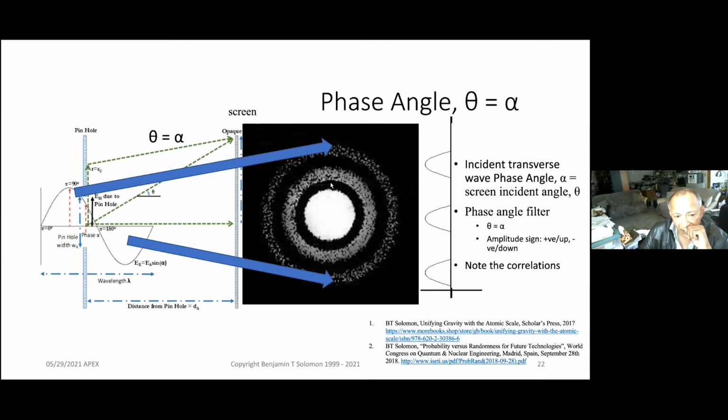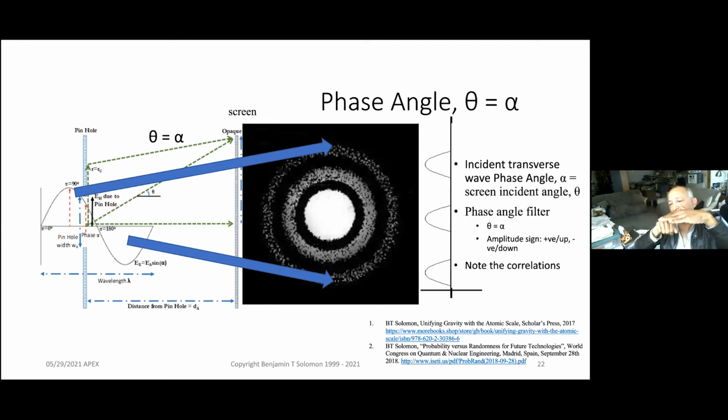Now, the analysis I did using the probabilistic wave function, one of the things I found out was that the phase angle, let's say 90 degrees here, is directly a function of where it localizes. So if the photon hits the top of the pinhole at 90 degrees, the angle at which it localizes will be 90 degrees.